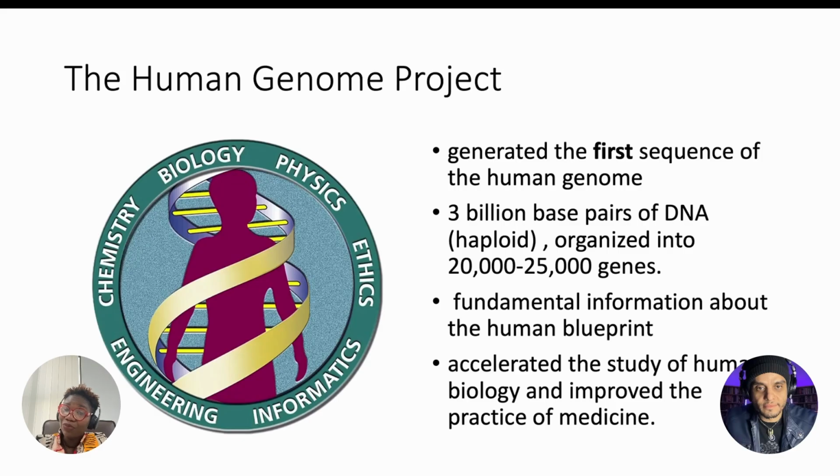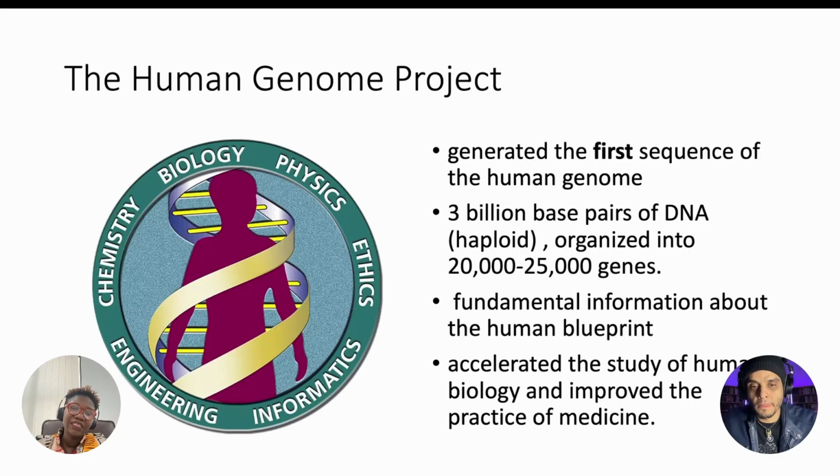However, if you pick a haploid cell, we have over 3 billion base pairs. Standard sequencing, which was used for the short sequences, wasn't going to cut it. So with the Human Genome Project, they managed to sequence the human genome for the first time. And that was the first time we really understood how many genes we had, which is about 20 to 25,000. So it gave us the fundamental information of the human blueprint.